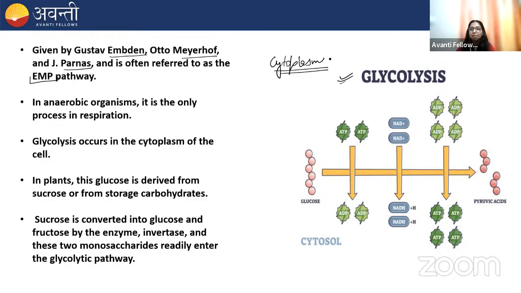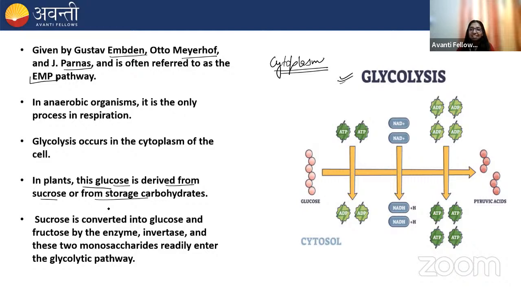In plants, you remember that the synthesized sugar is glucose, the translocating sugar is sucrose, and the storage sugar is starch. So glucose is derived from sucrose, or it can be derived from the storage carbohydrate, starch. As you know, sucrose is a disaccharide. It is a non-reducing sugar.